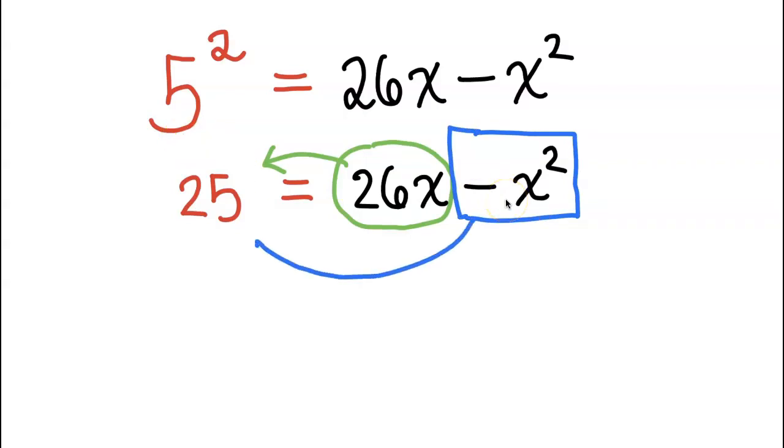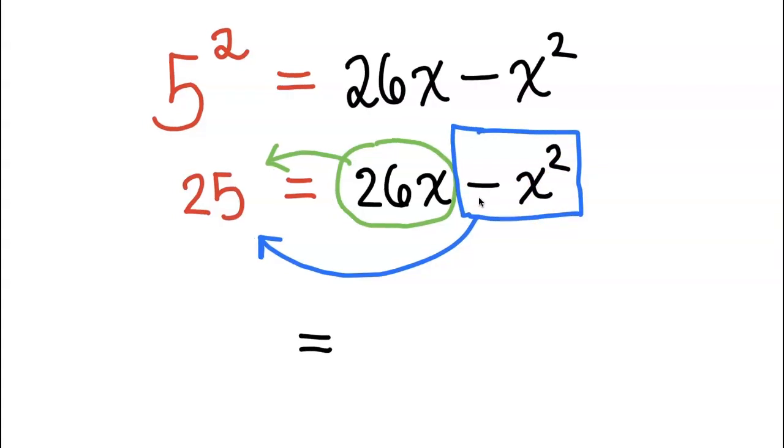So if I move that to the left, the negative x squared will turn into a positive x squared. So watch this. When that negative x squared gets moved to the left side by adding x squared, it will turn into positive x squared.